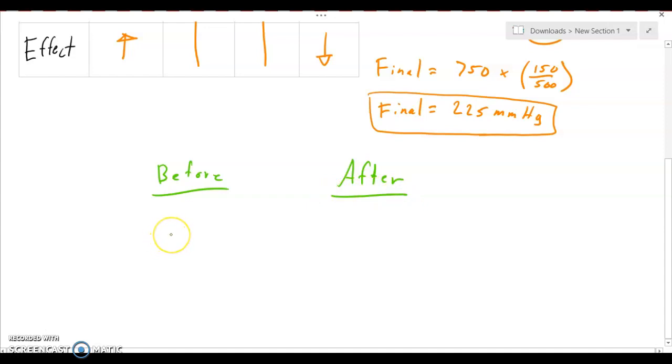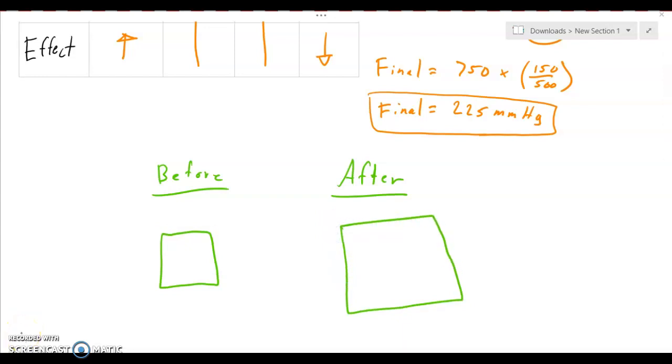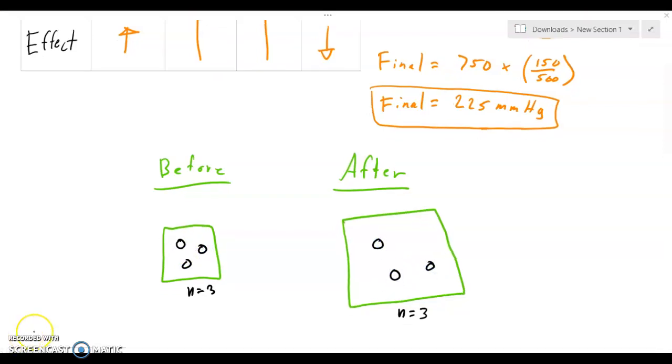In this problem, the volume goes from small initially to large finally. The number of particles were held constant, so I will mark n equals 3 for each box. And let's draw on those particles. Here's 1, 2, and 3. There's 1, there's 2, there's 3.